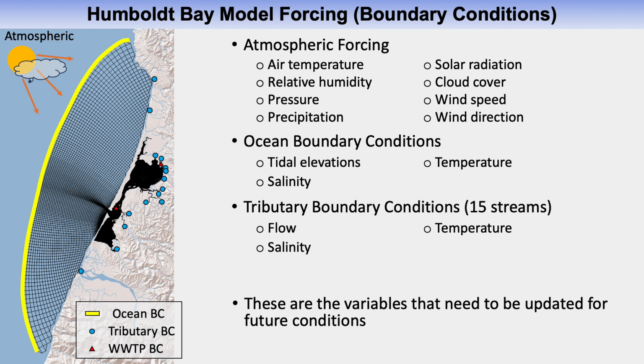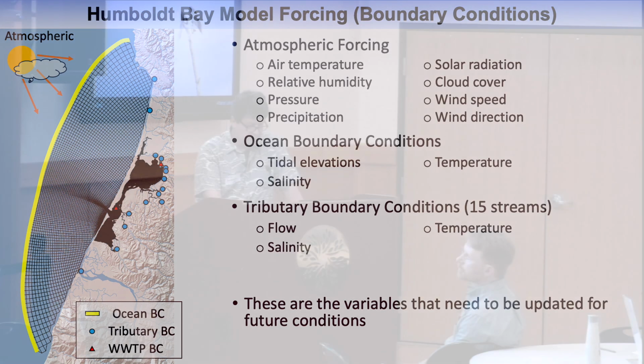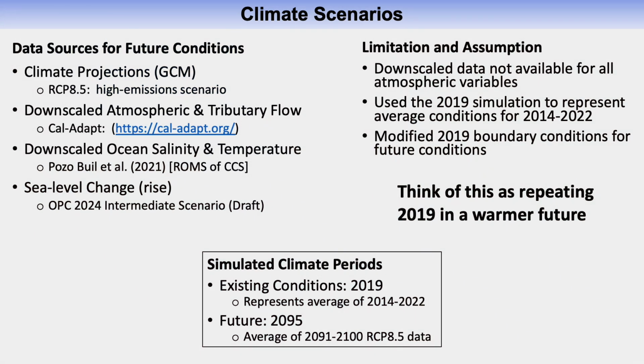And for those, we need flow, salinity, and temperature. The reason I'm showing this slide is these are the variables that we need to update to look at future conditions.